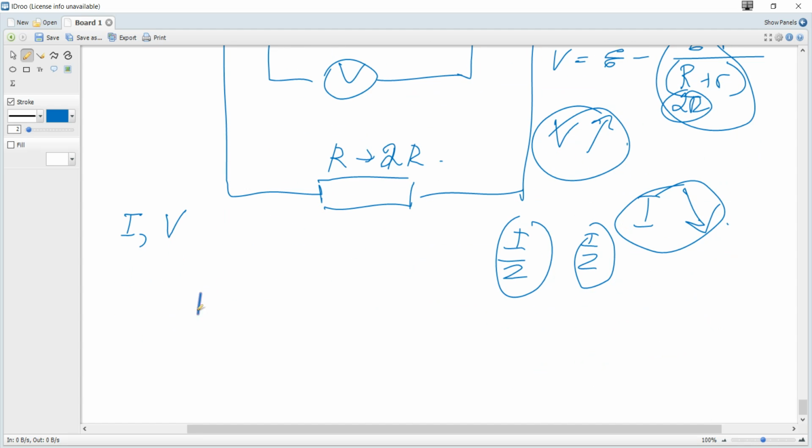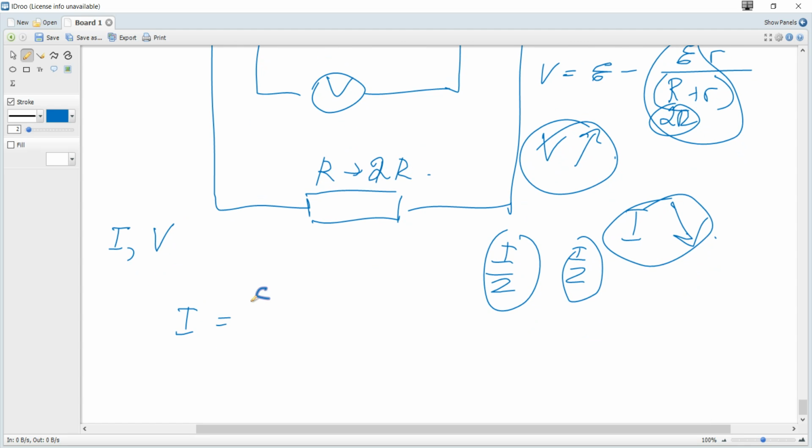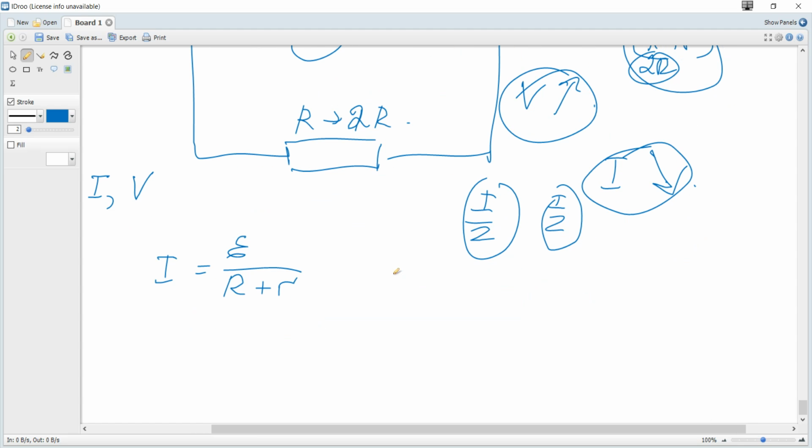So initially the current is EMF over R plus r, and it becomes EMF over 2R plus r. And this new current should be compared with I over 2.